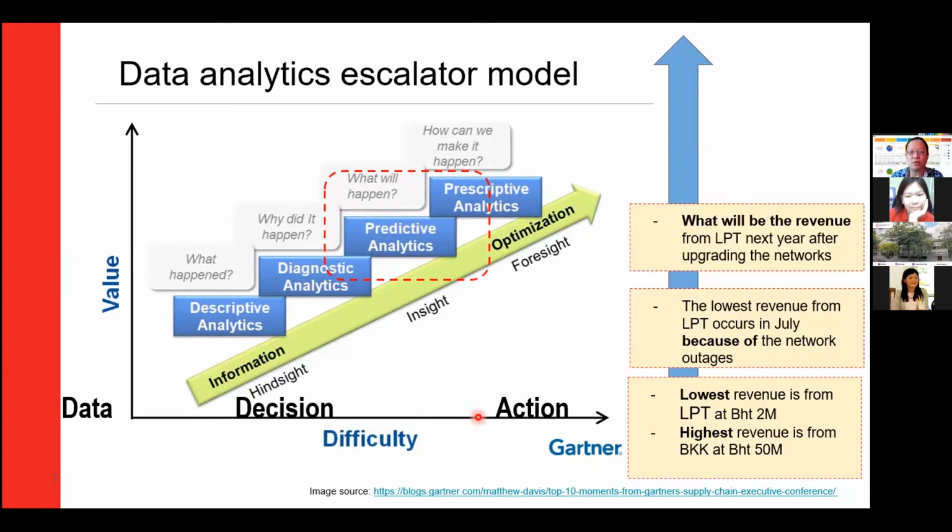The next, more difficult question is prescriptive analytics. This will answer a question like: how can we make it happen? Meaning that if we want higher revenue in Bangkok or in Lampang, what should we do? What should we do?